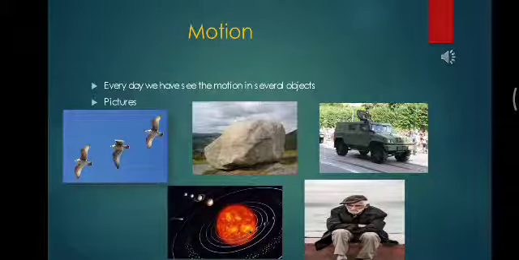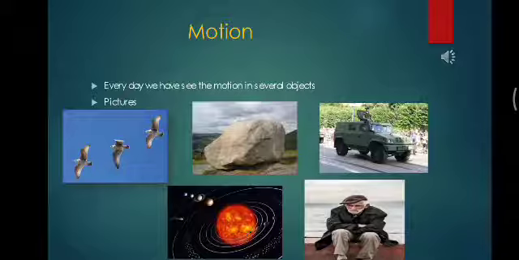Yes. So here, in the picture of a flying bird and a running motor, we can see the direct motion of those objects. In the picture of a lying stone and a sitting man, the motion is absent.